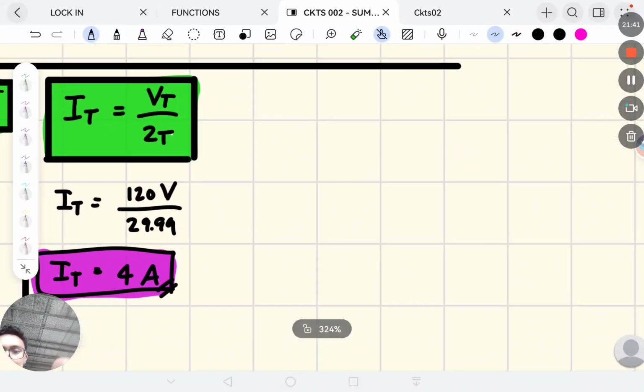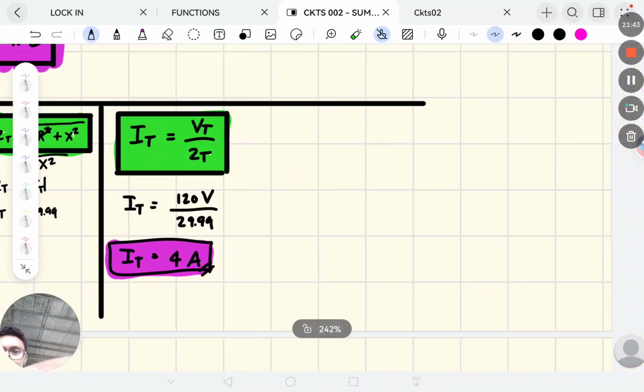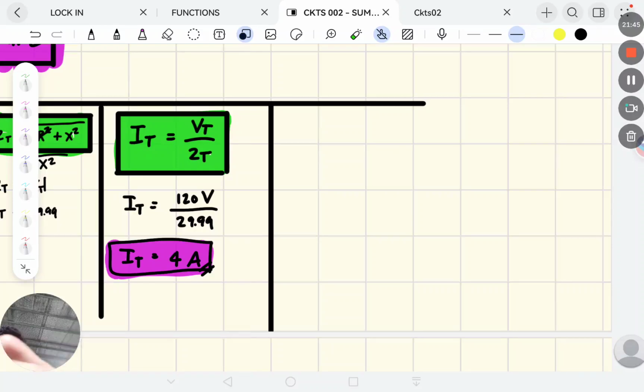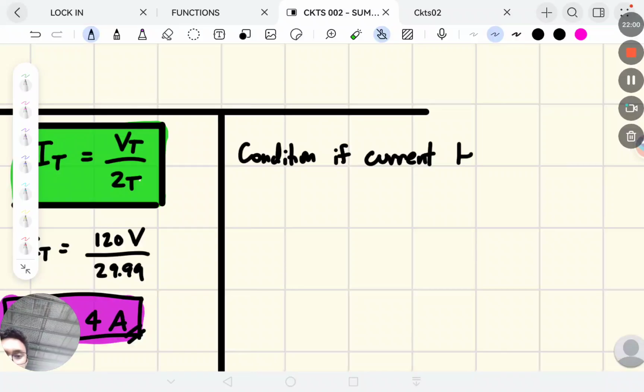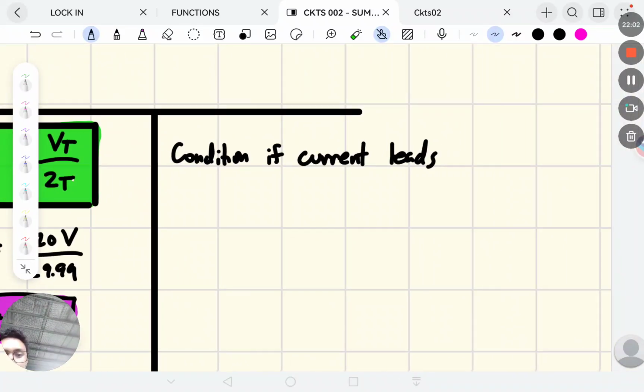Okay, condition if current leads or lags.